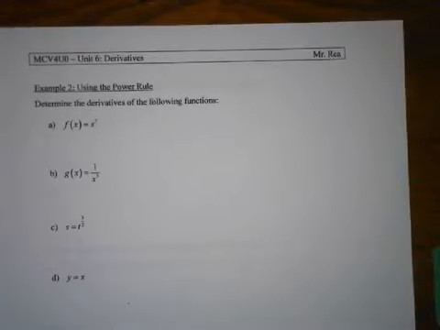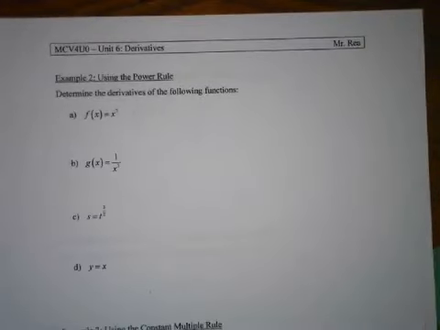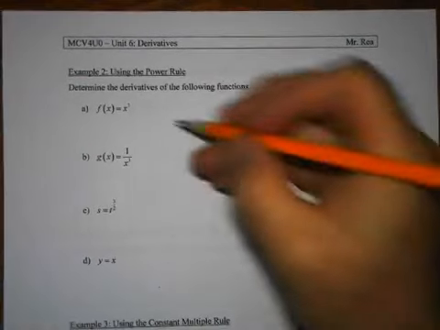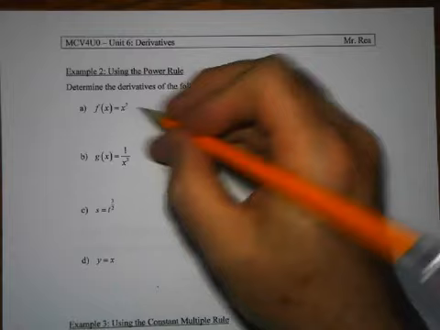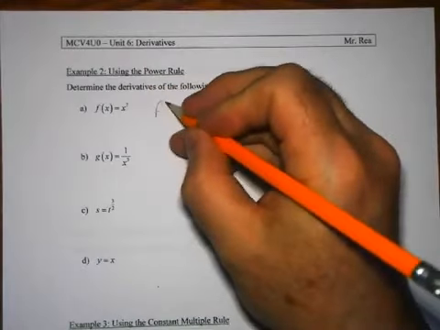All right. So let's go to the next examples. There are a few of them here, and this is where you'll get your technique very quickly. We have f of x equals x to the 7, and we want to find the derivative of each of these. So f prime of x is the derivative function.